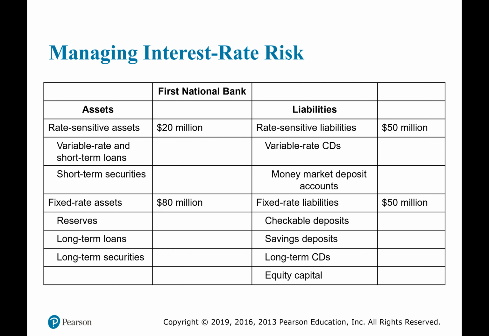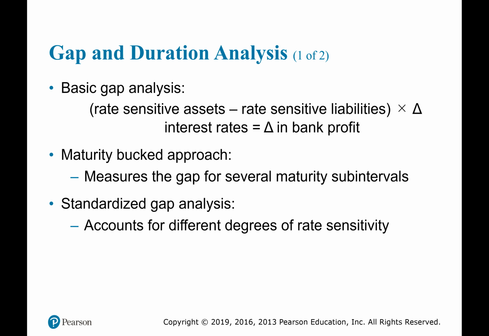This looks at interest rate risk, which we covered already, but you can see here on the First National Bank, there are rate-sensitive assets of 20 million, fixed-rate assets of 80 million, rate-sensitive liabilities of 50 million, and fixed-rate liabilities of 50 million. Notice both sides add up to 100 million, as they should, because it's a balance sheet. So here we can calculate our gap analysis.